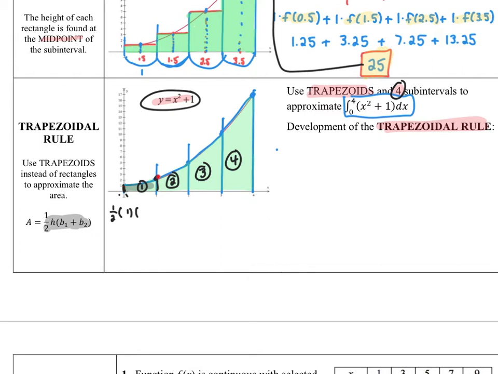Here when x equals 1, when I plug a 1 in, I get a 2, so it's going to go up to a height of 2. Trapezoid number 2 also has a height of 1. We're going from 1 to 2 on the x-axis, so the height is a 1. This base right here is actually this 2 that I found here.